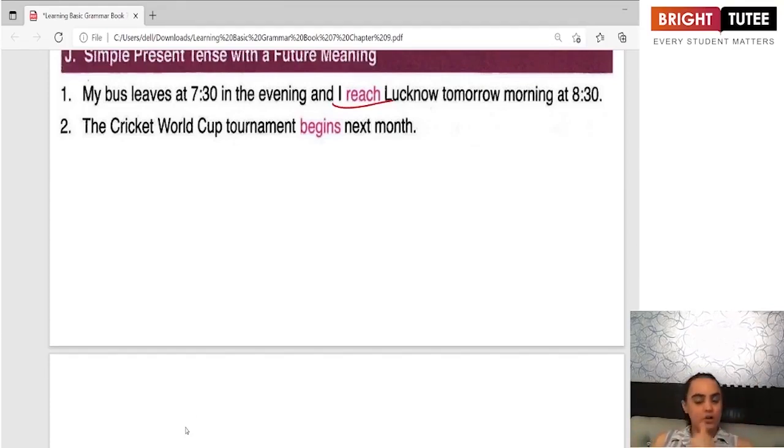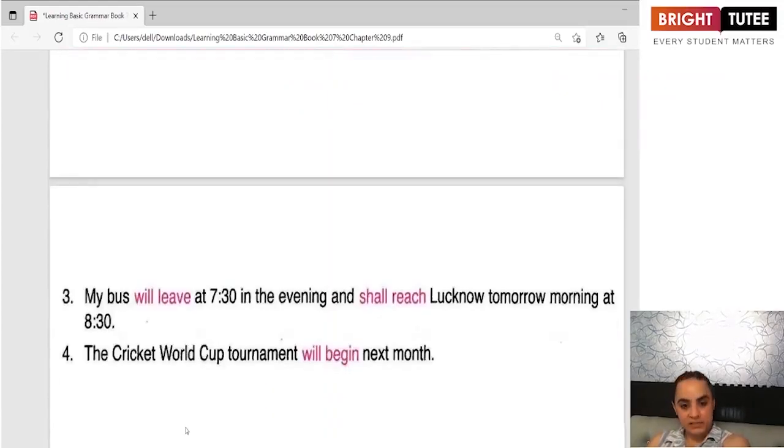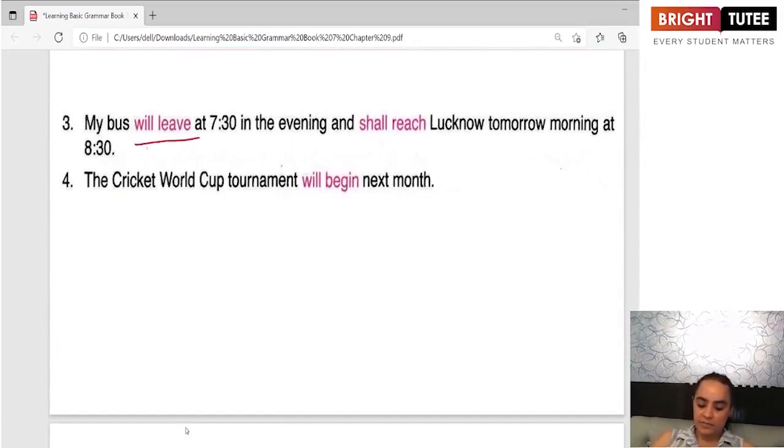So the future continuous tense, my dear students, can be replaced with both present continuous as well as the simple present tense. The Cricket World Cup tournament begins next week. Rather than saying will begin or will be beginning, I can say begins. Alright? My bus will leave at 7:30 and shall reach.